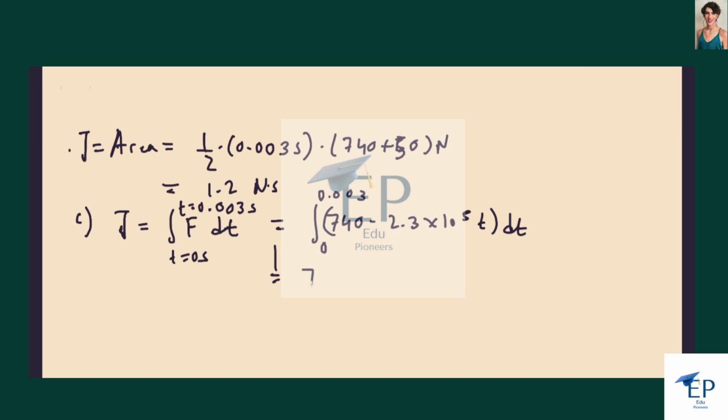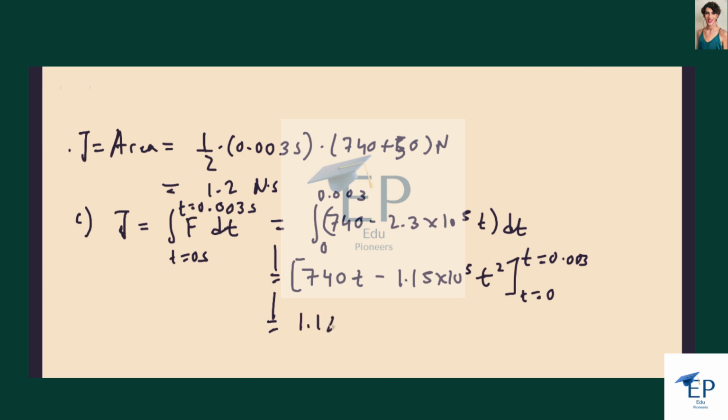The result of this integration is 740t minus 2.3 times 10 to the 5 divided by 2, so 1.15 times 10 to the 5 times t squared, evaluated from t equals 0 to t equals 0.003. And what you get from that is 1.185, which is approximately 1.2 Newton seconds.